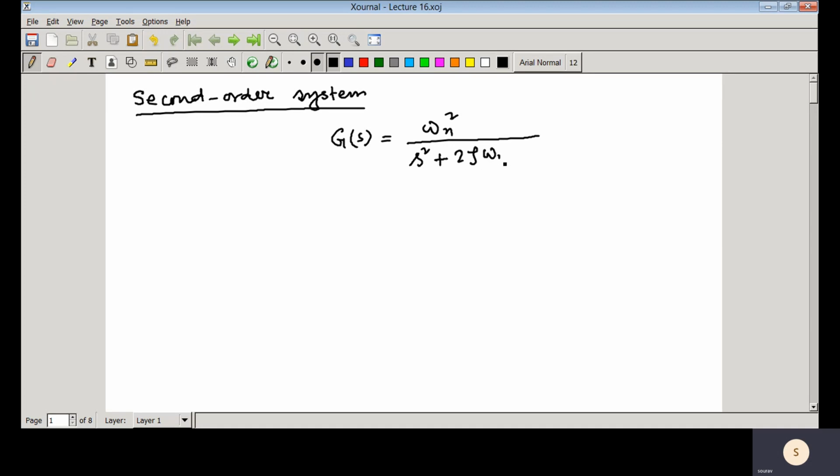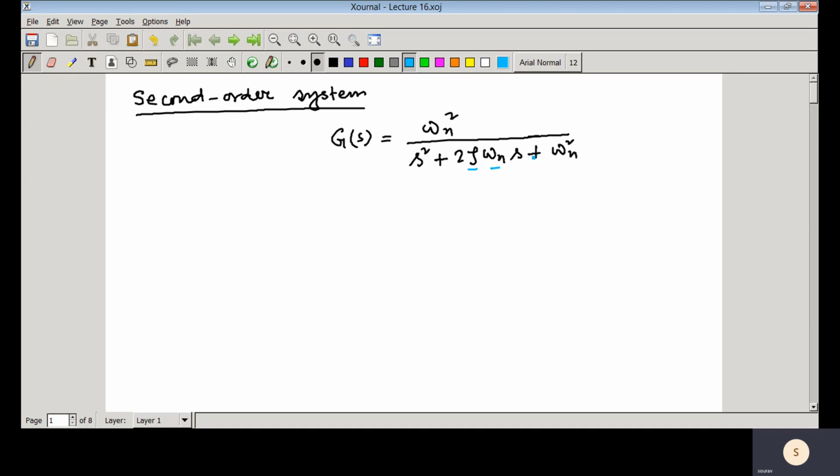That is s squared plus twice zeta omega n s plus omega n squared. The time response of a second order system is characterized by zeta and omega n. We have discussed that.